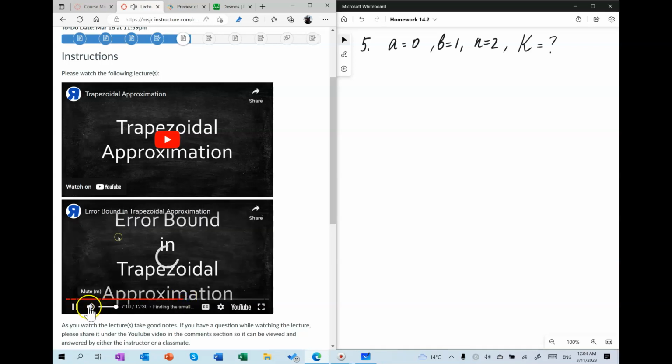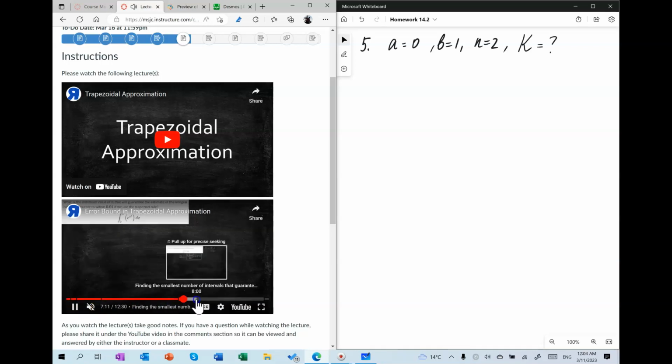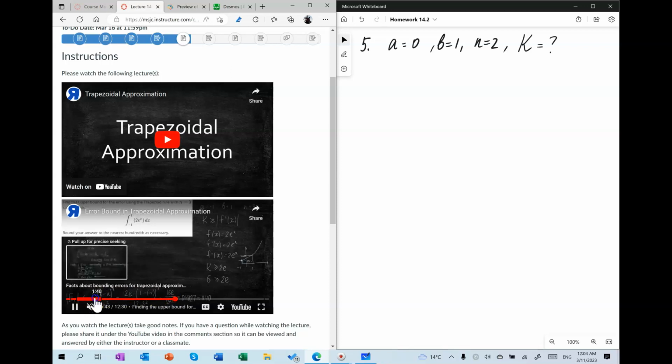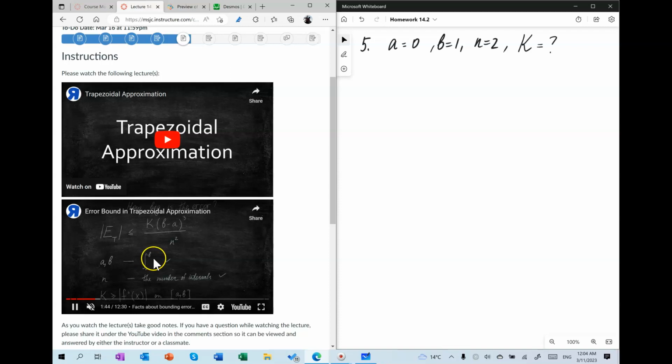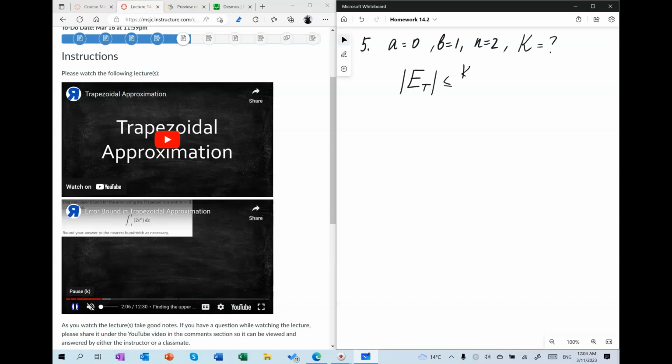We have the formula right probably over here, maybe. Okay, so the upper bound for the error in trapezoidal approach is given by this formula.